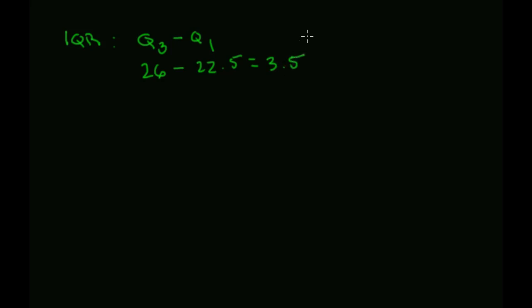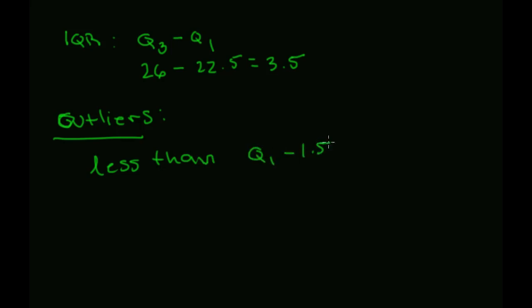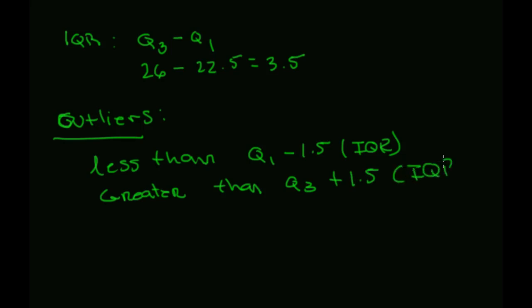Okay, what an outlier is, any value that is less than Q1 minus 1.5 times the IQR, or greater than Q3 plus 1.5 times the IQR.